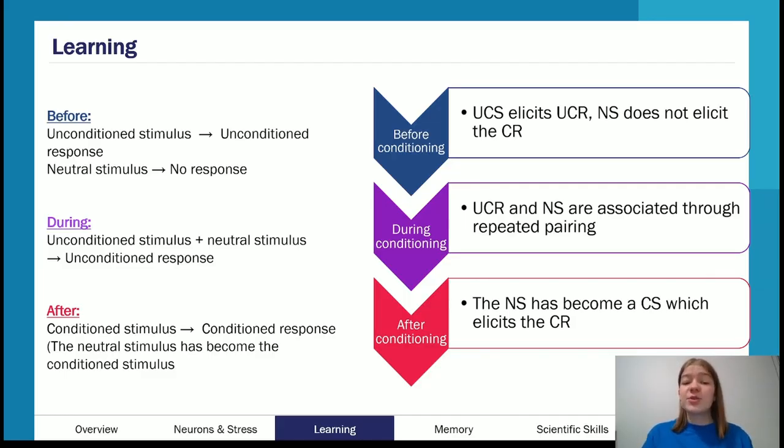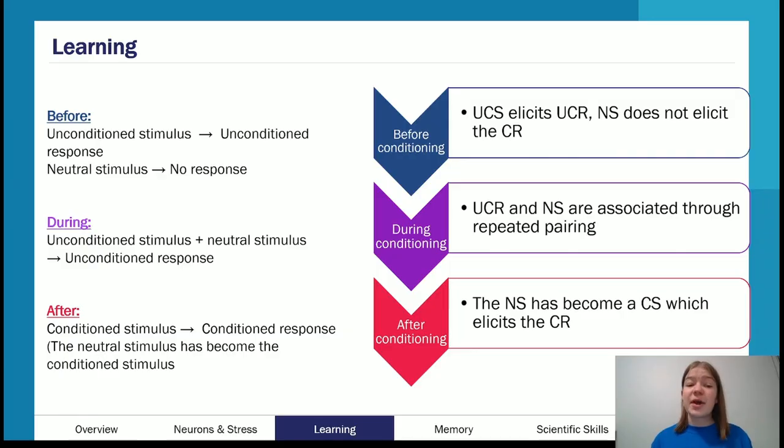Your neutral stimulus, we're going to call neutral because I don't really care, it doesn't get any particular response. So our neutral stimulus does not elicit the conditioned response. During conditioning, we have repeated pairing in which the unconditioned stimulus and the neutral stimulus are associated together because of being repeatedly paired and presented within a short time frame.